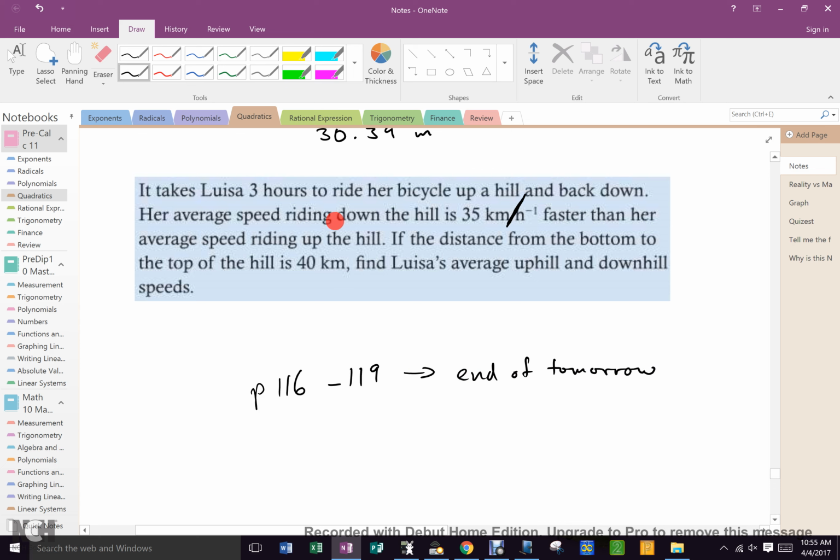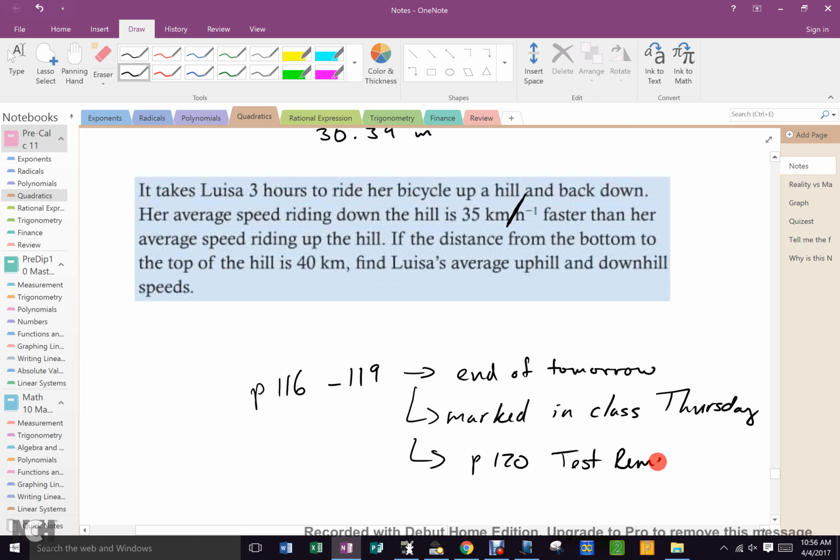This will be marked in class Thursday. You're going to work on it tomorrow. Now listen, please. Thursday is a short day, yeah? So we're going to mark that and go over it, right? Make sure everybody's comfortable with it. The rest of Thursday's class is going to be page 120, where we do our test reminders.